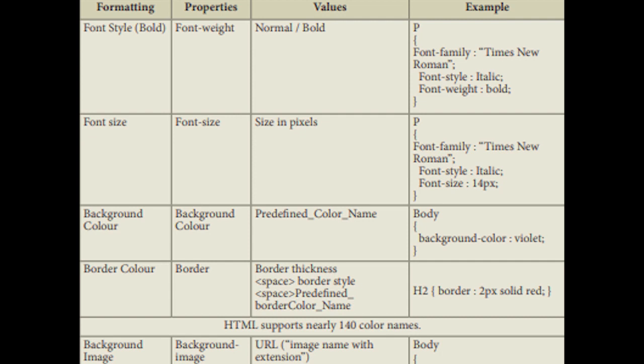Here the value is border thickness: border colon, you have to give the thickness, space, border style, and then any one color. Here they have given red. Solid red, that is the predefined border color. HTML supports nearly 140 color names.